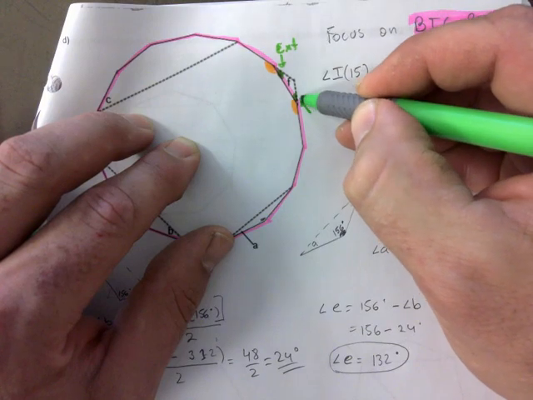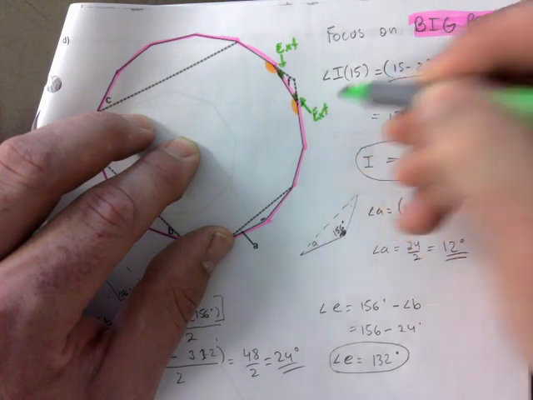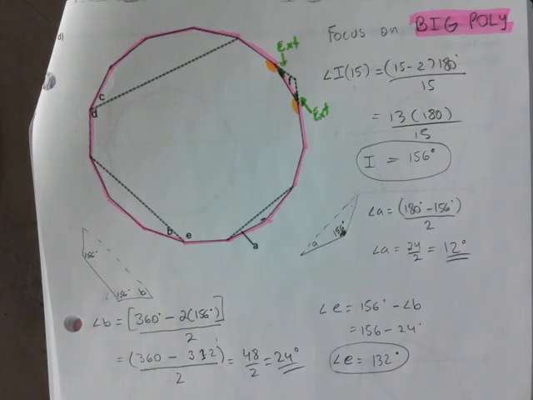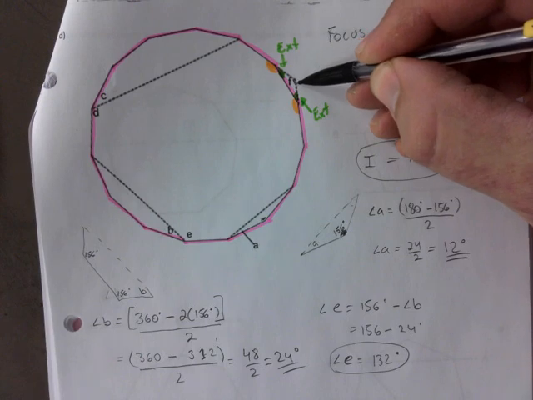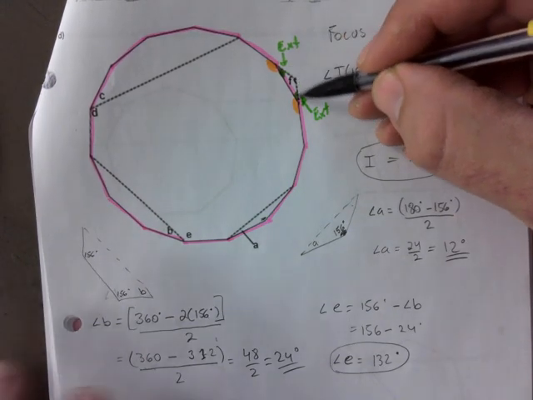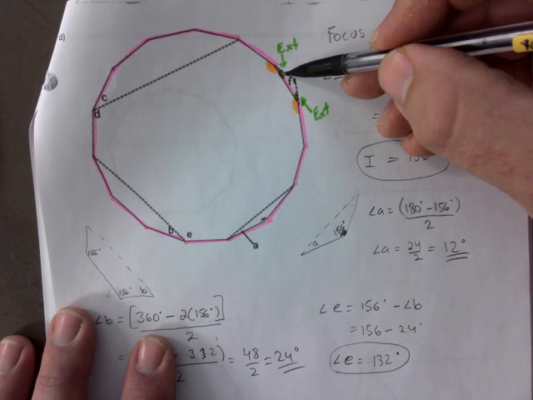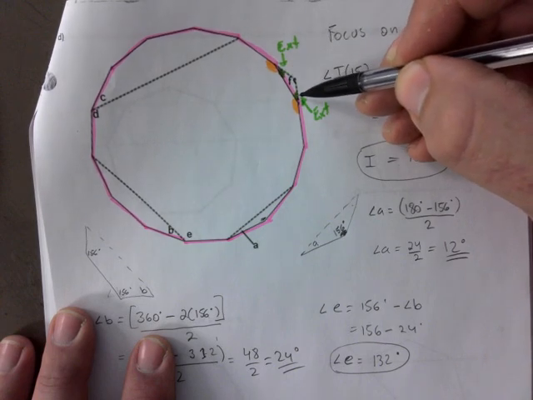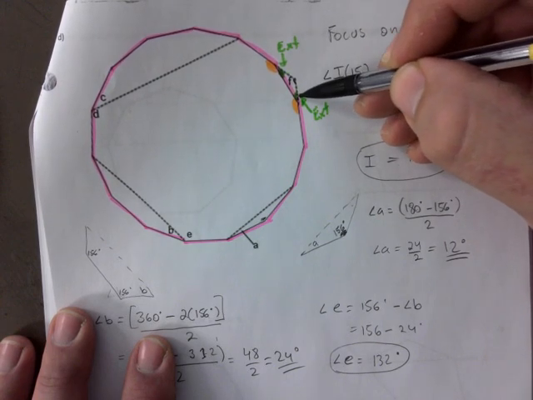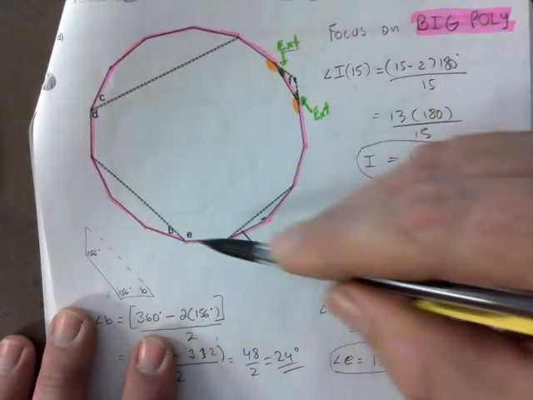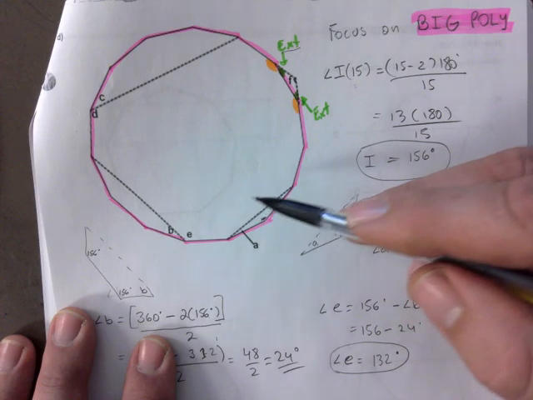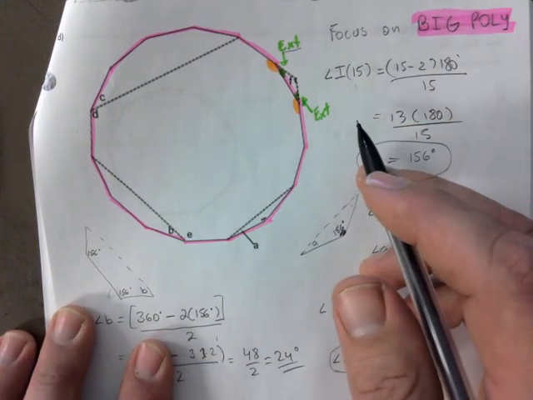Exterior, right? And F is really when these two dashed lines collide right here. You do see a triangle, but the exterior angle here and the exterior angle there will be the same. What is it exterior to? It's exterior to this 15-sided polygon.